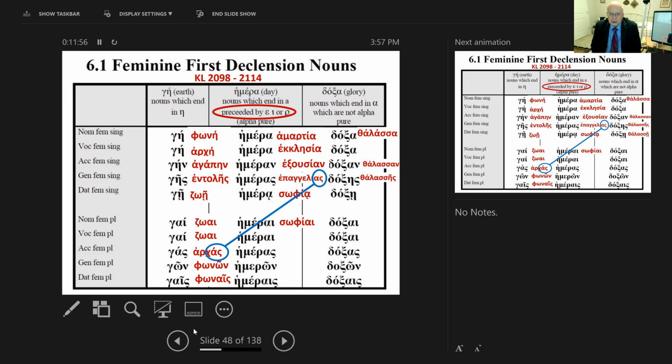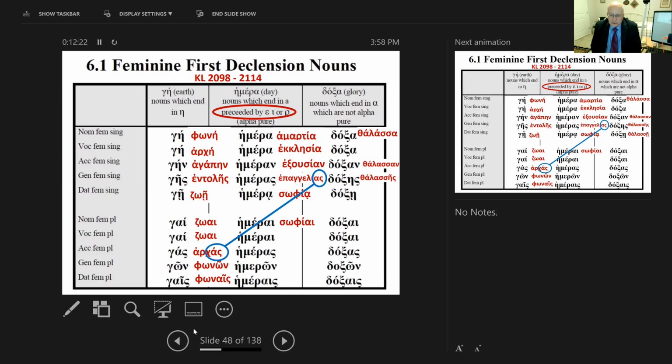So if it's the object of the sentence, if accusative case, or for example, the object of the preposition eis, which takes the accusative case, into the sea, eis ten thalassan, thalassan would be accusative case. Eis thalassan, into the sea.